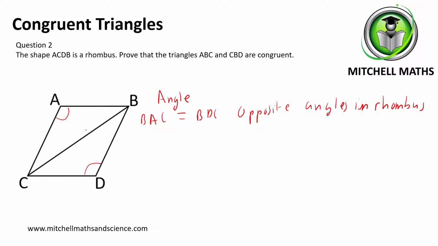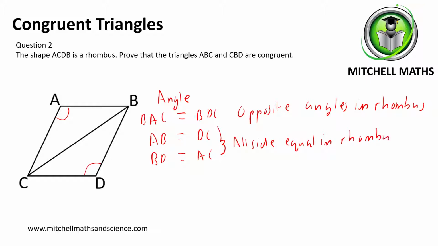Now we need to prove that some of the sides are equal. Well, we know that AB equals DC. And we know that DB is equal to AC, because all sides in a rhombus are equal. If this would be a parallelogram, we would just say the opposite sides are equal. But we can say all sides equal in rhombus.